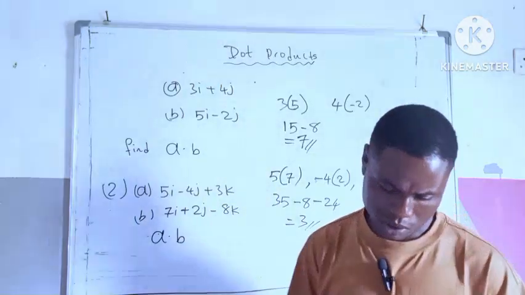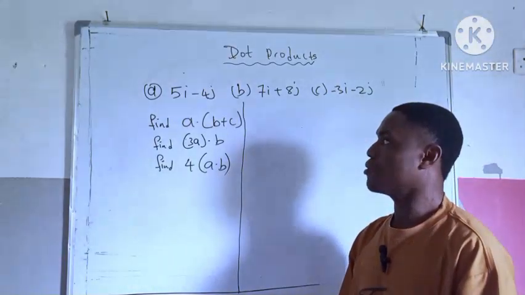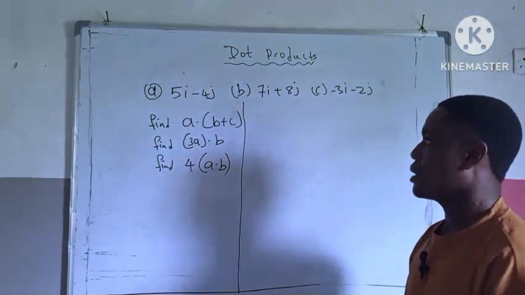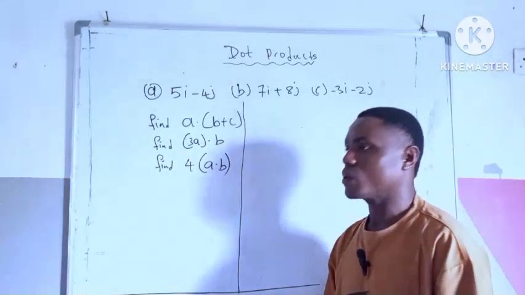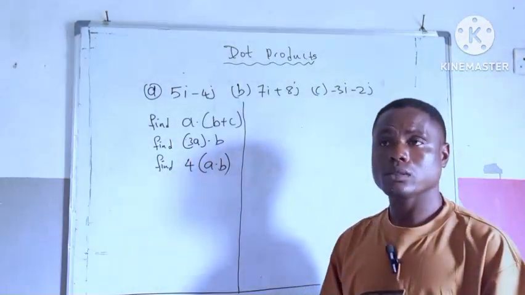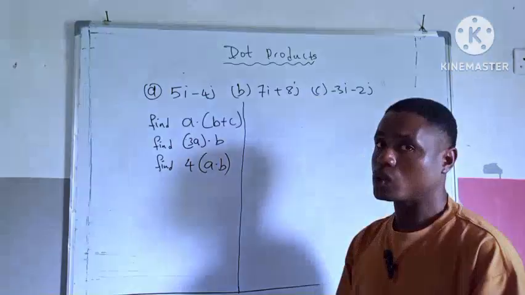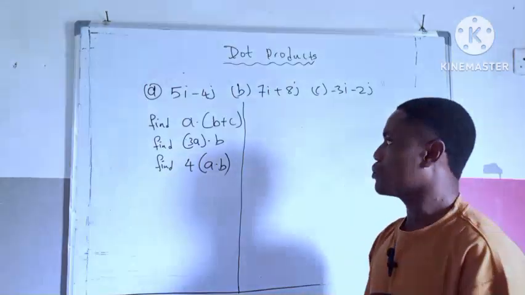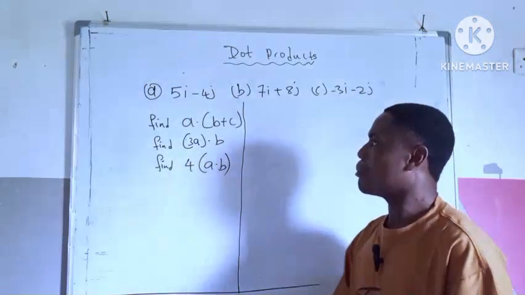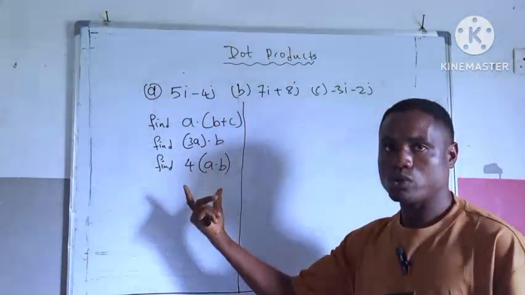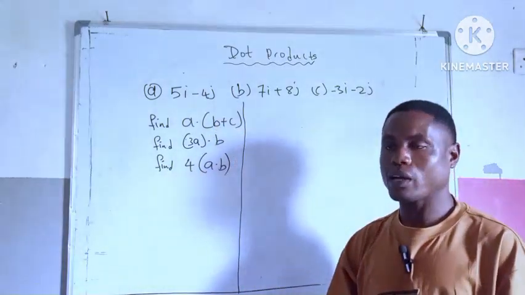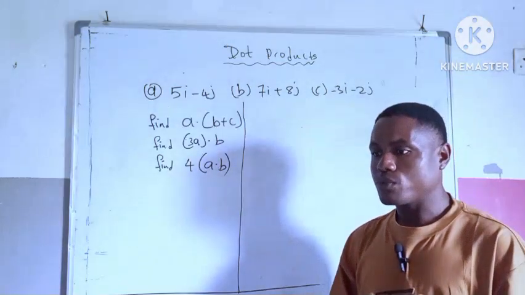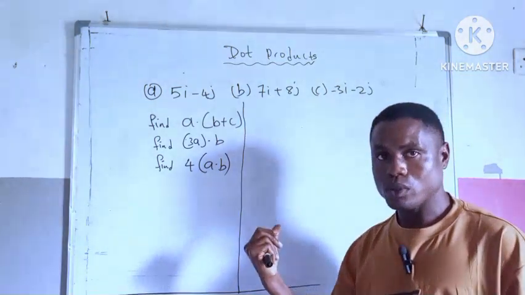So I think we are done with that. Okay, let's solve the last ones under dot product. Your question might fall under these ones, or under addition and subtraction of vectors, or under magnitude.